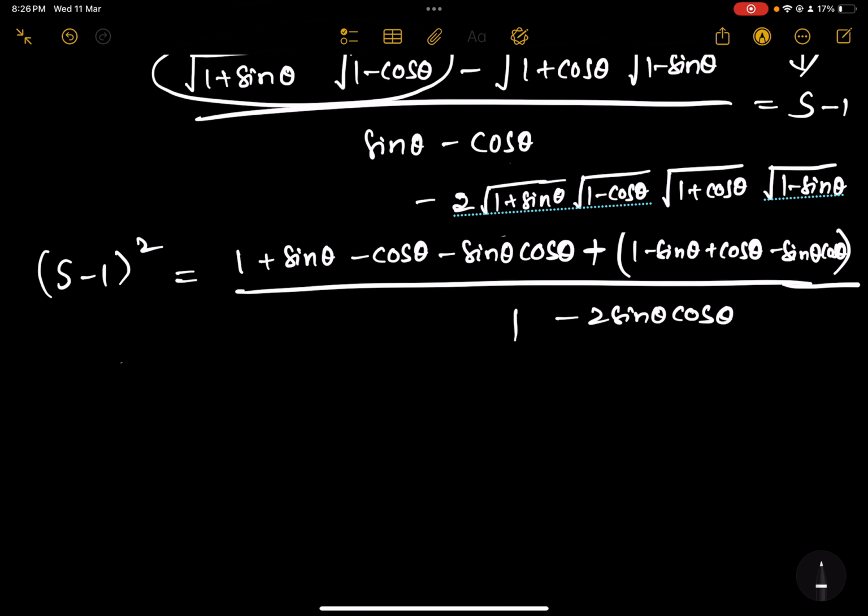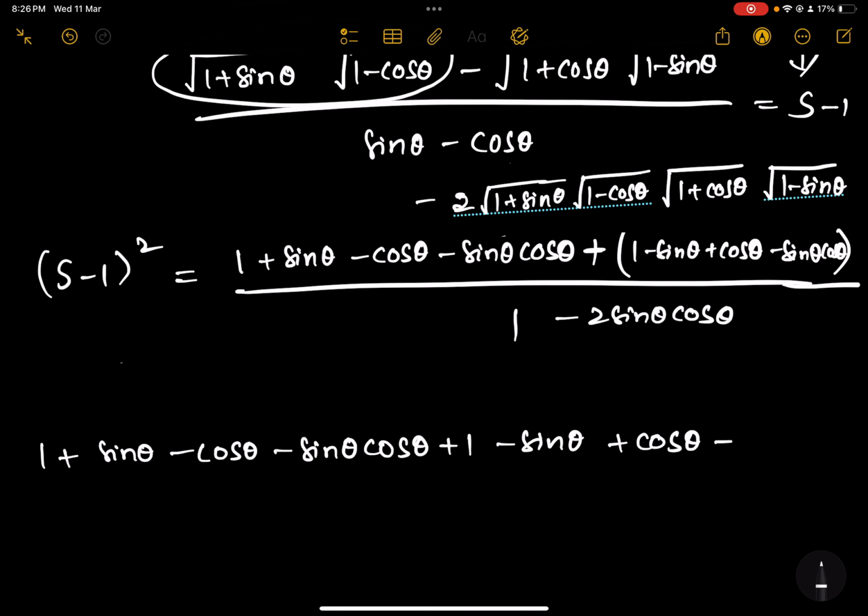So if you consider the numerator, it will be 1 plus sine theta minus cos theta minus sine theta cos theta plus 1 minus sine theta plus cos theta minus sine theta cos theta, and here you have minus 2. When you multiply this term and this term, it is root of 1 minus sine square theta.